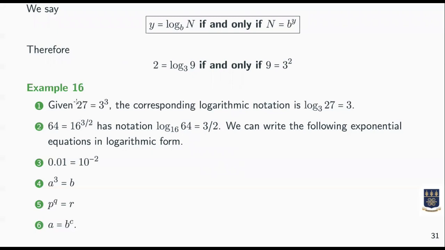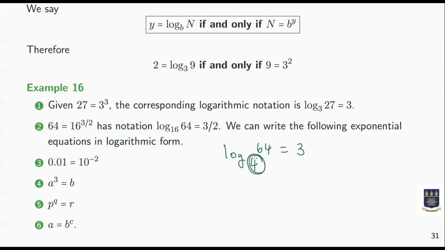For instance, 27 is 3 cubed, so it means that the log of 27 to the base 3 is 3. 64 is 4 cubed, so log to the base 4 of 64 is 3.